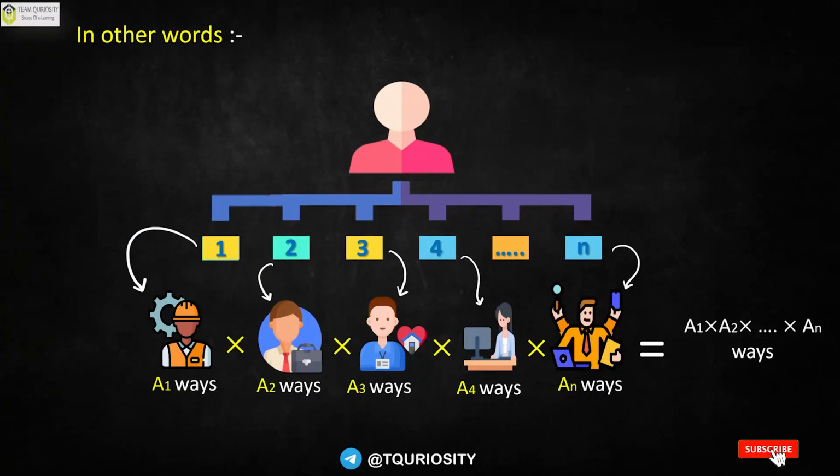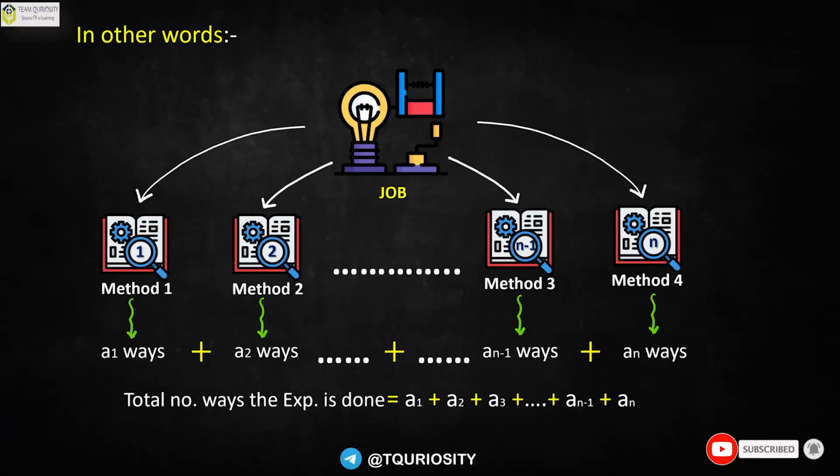So, in the first rule, the job is dependent on each part, but in the second rule, each method is independent of the others. Let's discuss a problem based on the principle of summation.